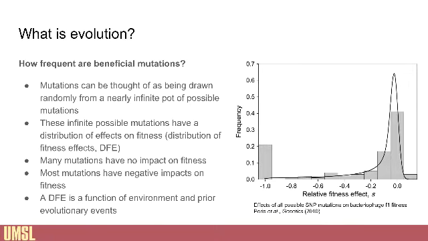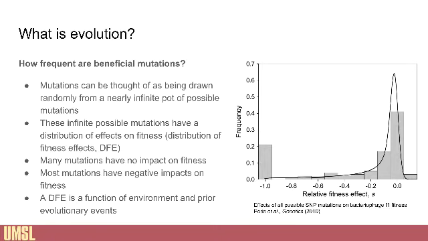So if there's 10 million base pairs in a genome, there are 4 possible mutations, in terms of nucleotide change, that can happen at each one of those sites. Now the number of possible mutations that can exist is astronomical, right?